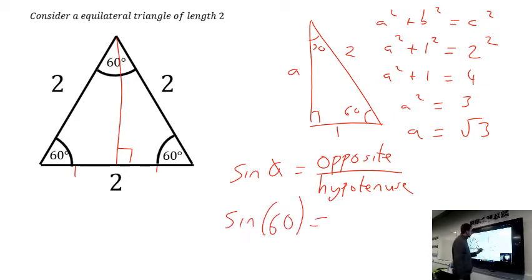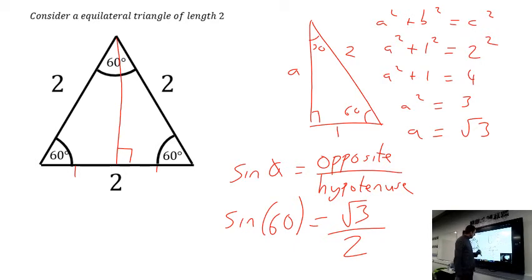What's the opposite? Opposite is A. So here this is square root of 3 divided by the hypotenuse, which is 2. So when you are trying to calculate sine 60, you don't need to use a calculator, because usually a calculator is going to give you an approximation. You can write it in 100% accurate form, which is called exact form. This is square root of 3 over 2.